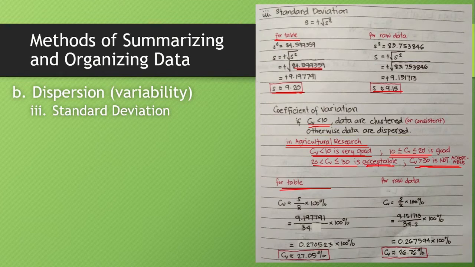We don't have to redo our experiment or survey. For raw data or ungrouped data, that's much lower, which is 26.76%. Still, it's acceptable. So that's how we solve using different methods of dispersion or variability.